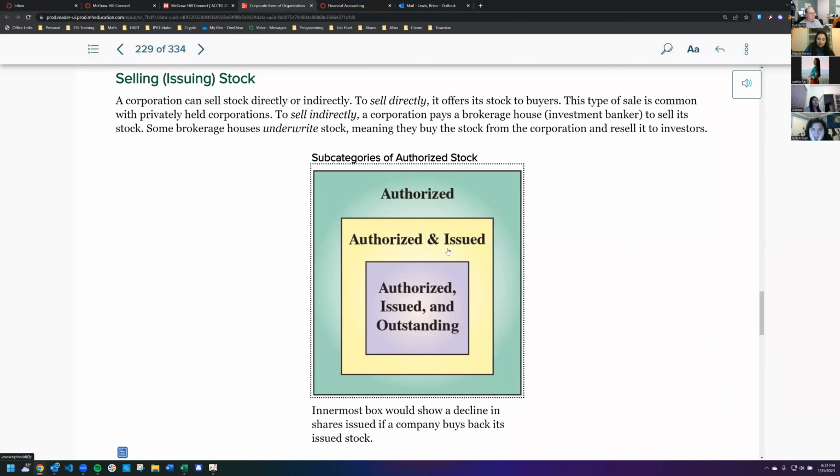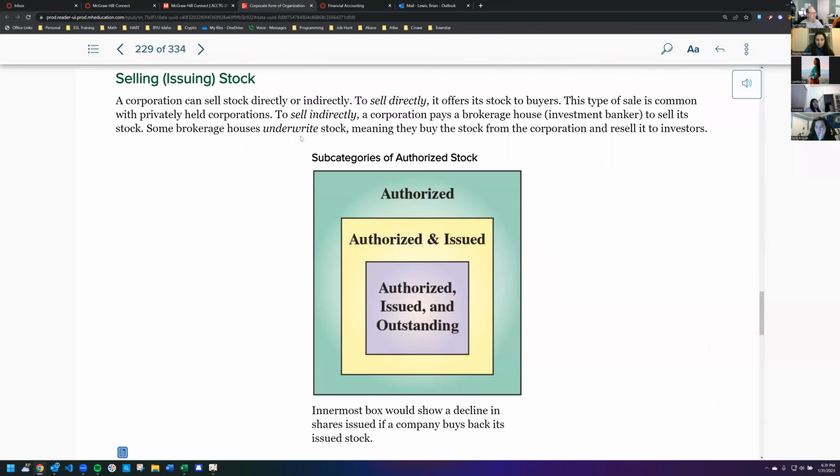Authorized and issued is the same stock, but it's actually been sold to somebody. So it's a subset. We're not quite perfect yet. Some of us are in varying degrees of perfection, probably all of us about the same from an eternal perspective, but there is an amount that's been issued. And then there's issued and outstanding.